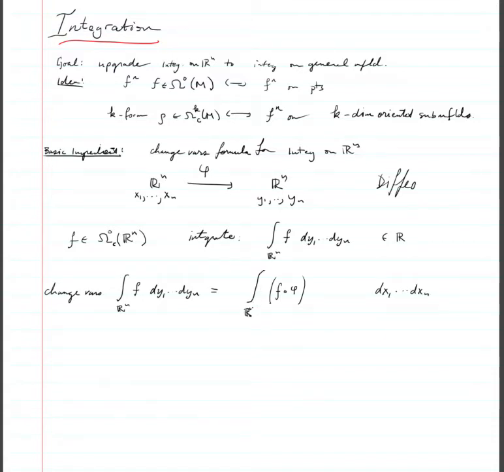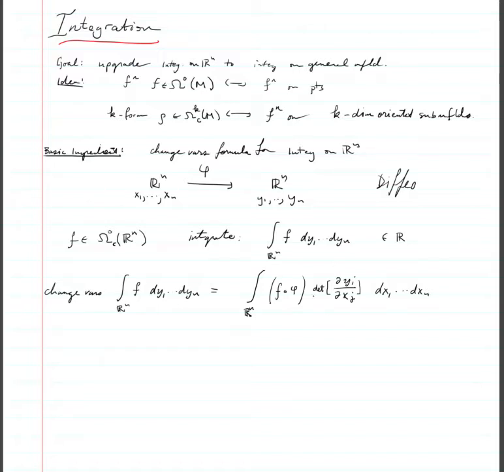still over Rn. But now the point is that I need to include the Jacobian determinant, which you'd usually write like this, d yi by d xj, and then you'd take this matrix and take the determinant of that matrix.